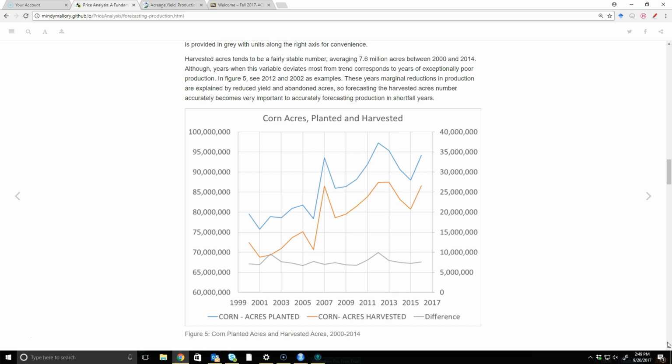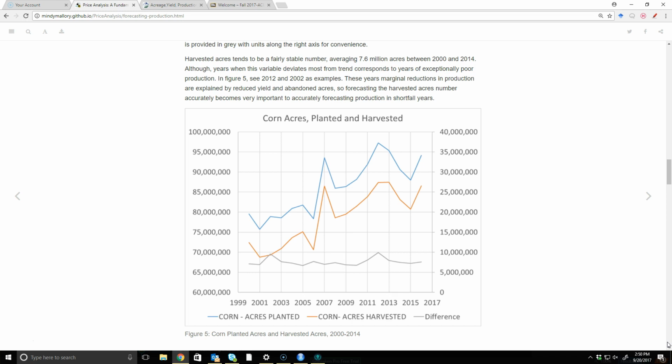Now, why would you get an increased difference between planted acres and harvested acres in a drought year? Well, some of the difference between those two measures comes from acres that are abandoned. You would never abandon acres if it's going to be profitable to harvest it.